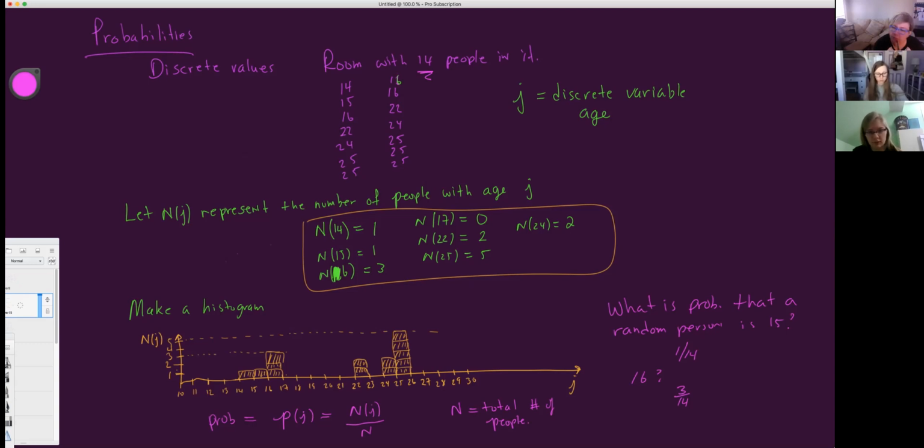Okay, how'd you get that? Because you only have one 14-year-old and one 15-year-old out of the total of 14 people. So you added the probabilities, right? It's the probability of getting a 14-year-old plus the probability of getting a 15-year-old.